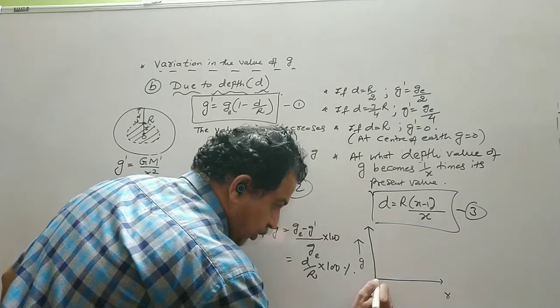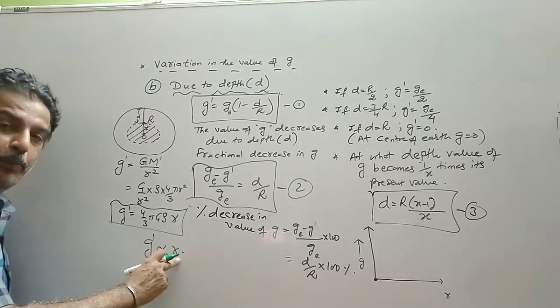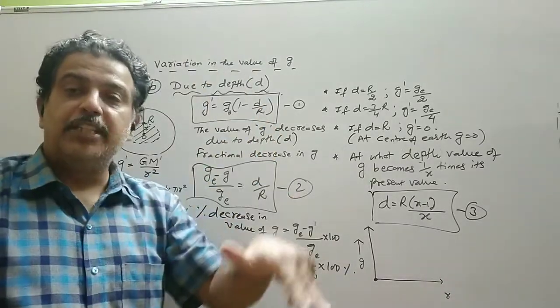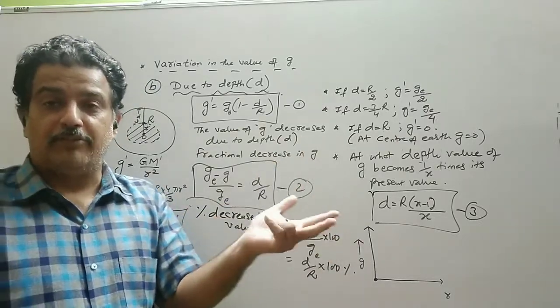Now if I move up, that is, if from the center I am moving towards the surface of the earth, g dash is directly proportional to r. As you go inside, the value of g is decreasing; now it is reversed. You are coming up to the surface of the earth from the center.